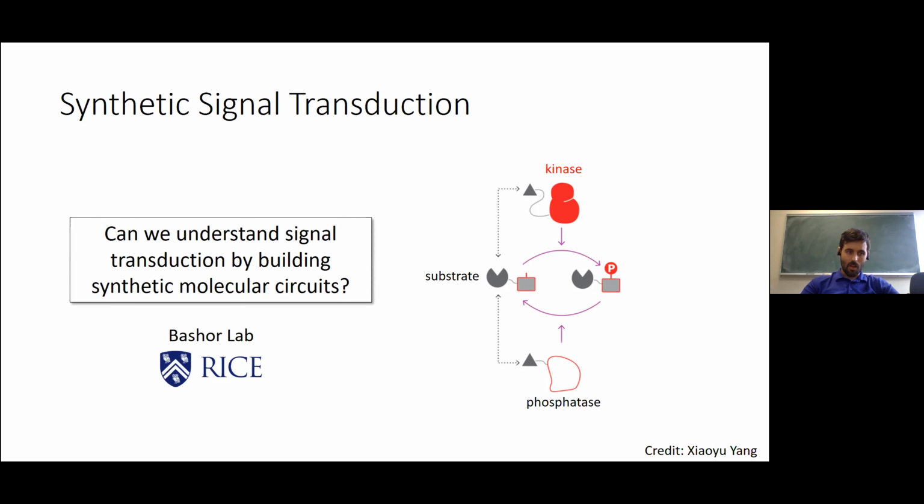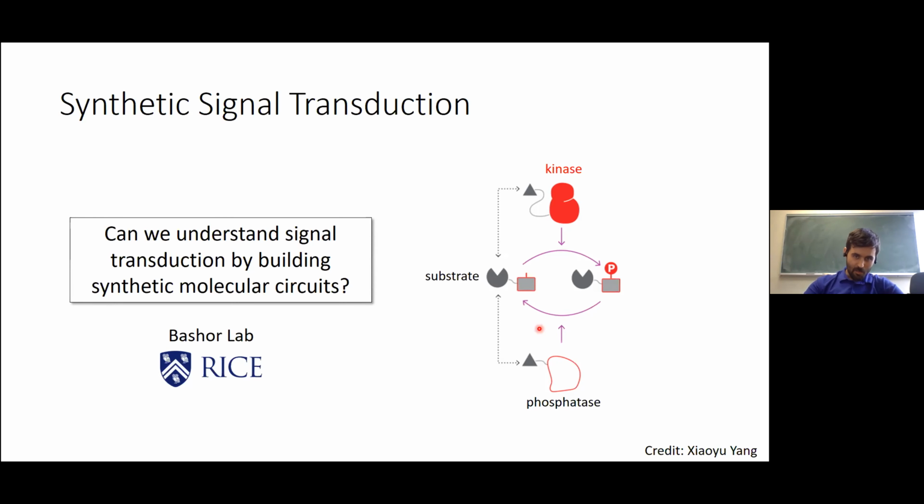So for example, this is a standard push-pull mechanism where there's some substrate which can be phosphorylated by a kinase enzyme or dephosphorylated by a phosphatase enzyme.